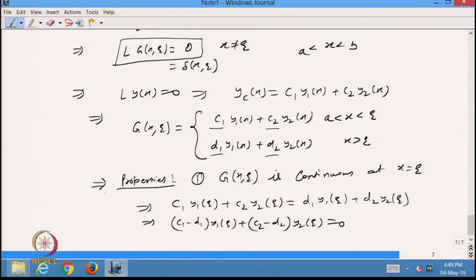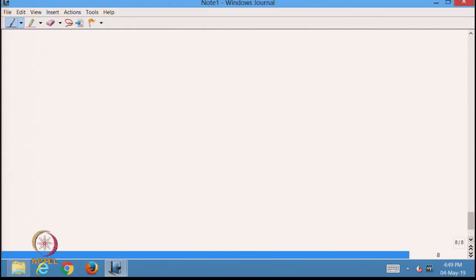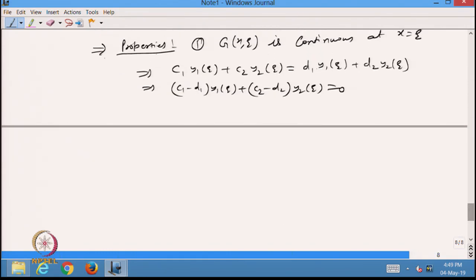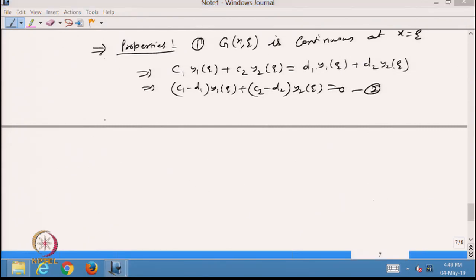So, this is the first equation we are dealing with. I call it equation number 2. This is the first property.